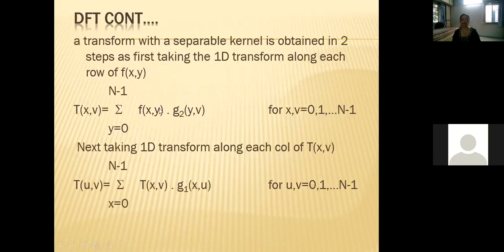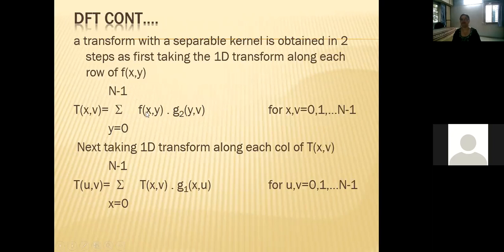We can apply g2(y,v) on f(x,y). That is, we are applying the one-dimensional kernel g2(y,v) on the image signal f(x,y), where y varies from 0 to n minus 1.